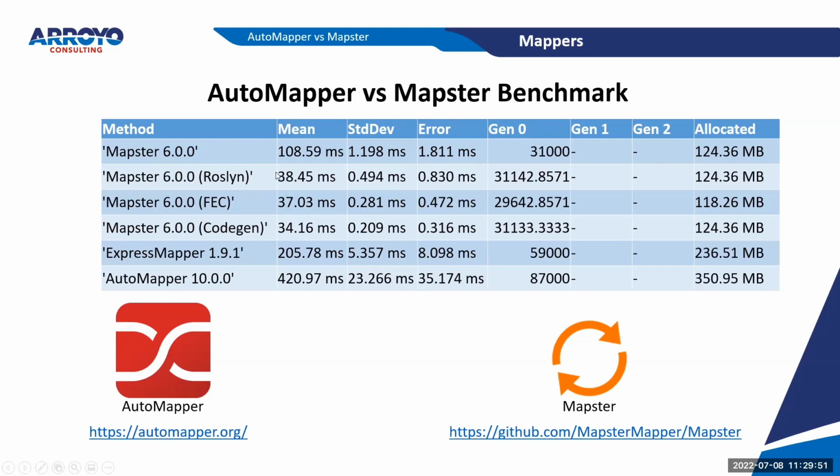For example, if you use AutoMapper normal, in milliseconds, validating one by one field, you can see that AutoMapper is taking 420.87 milliseconds, and Mapster normal is using 108.59 milliseconds. So you can see it is similar to 4 times faster than AutoMapper.